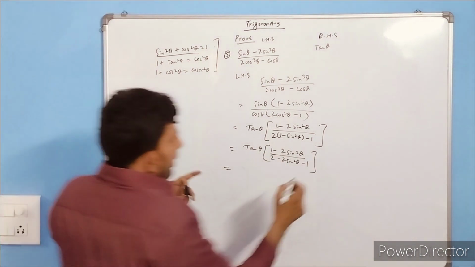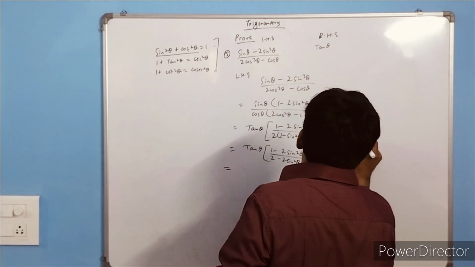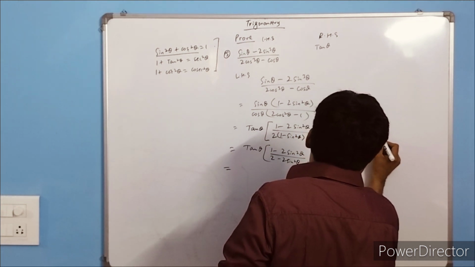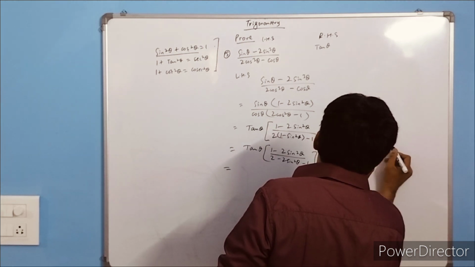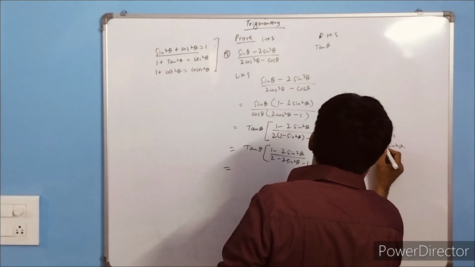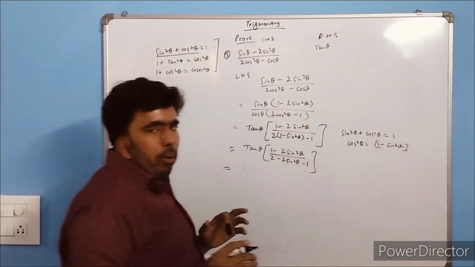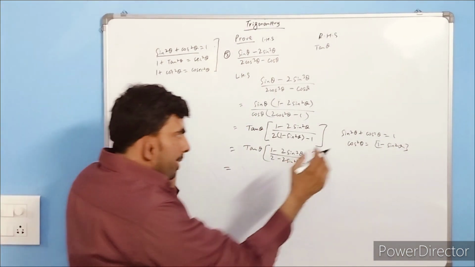So tan theta is there. I have used the identity sin square theta plus cos square theta is equal to 1, and cos square theta will be 1 minus sin square theta. Whichever identity we use, we need to write it here.